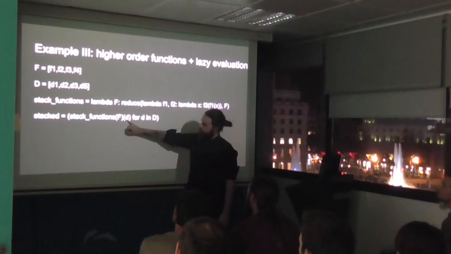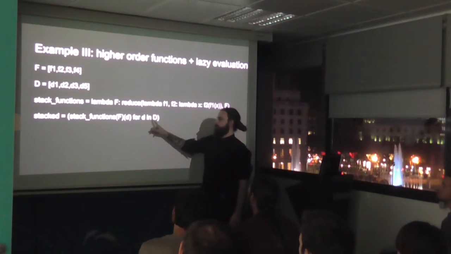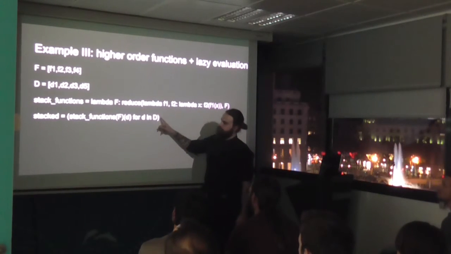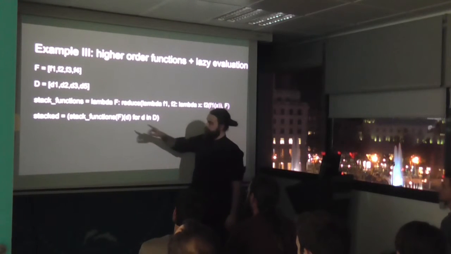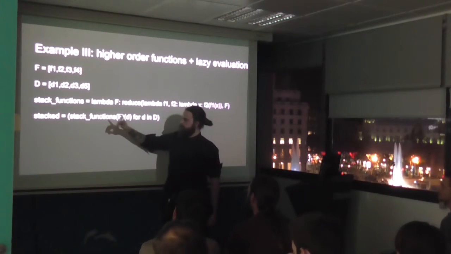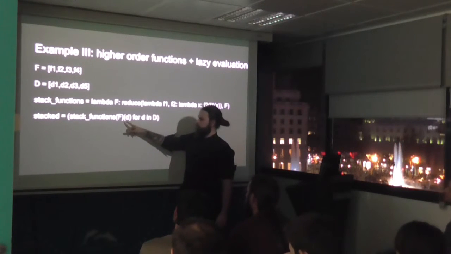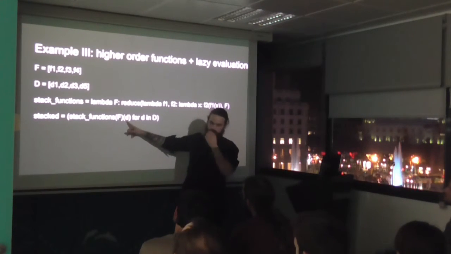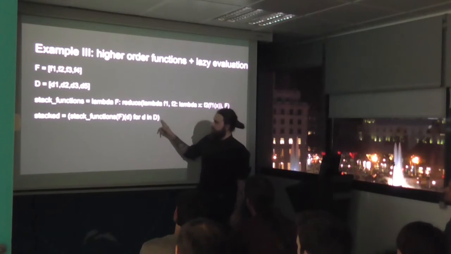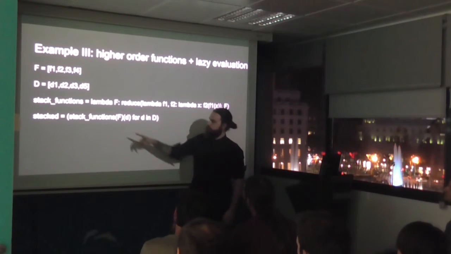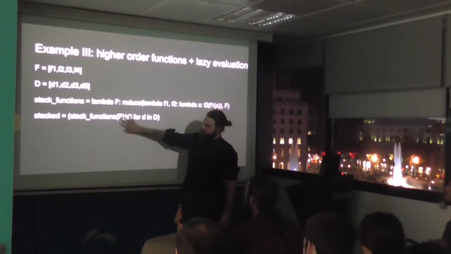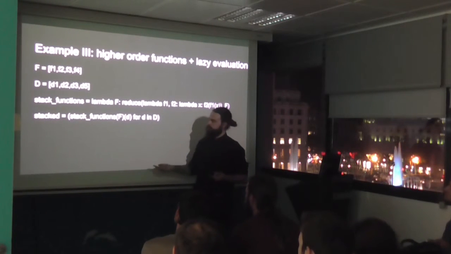That d is each element of the data set. So that's a function that takes a list of functions and returns itself as a function, and we apply this function to each value of d. And furthermore, that's a generator, so we don't evaluate this data until we need it.